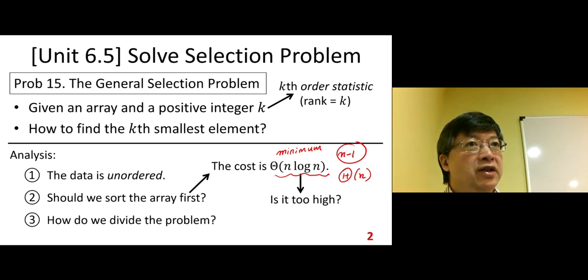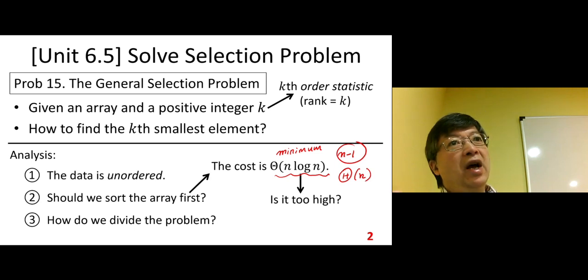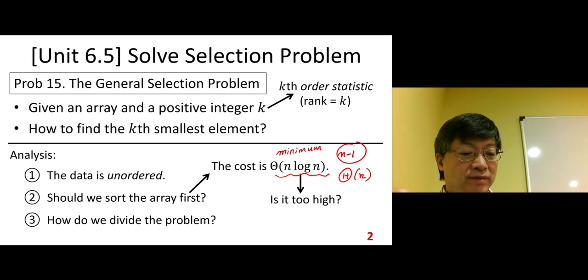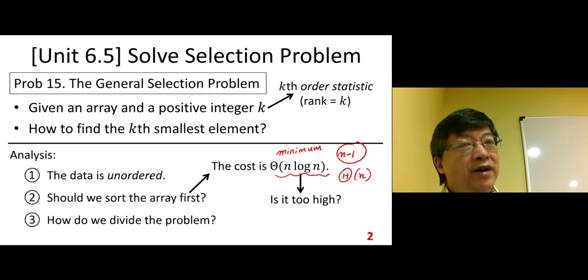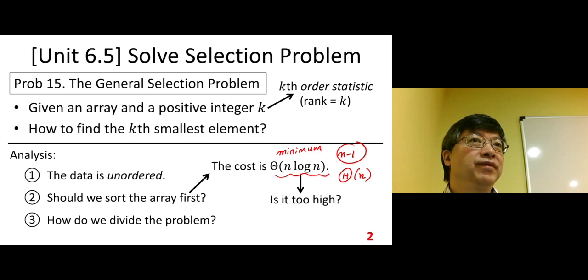Next, let's look at the solution directly. How do we divide the problem? Because we know divide and conquer is the most commonly used problem-solving method for our computing problems.